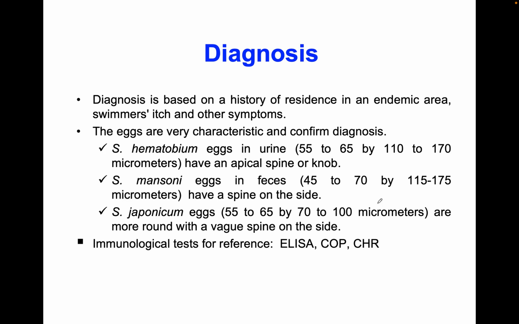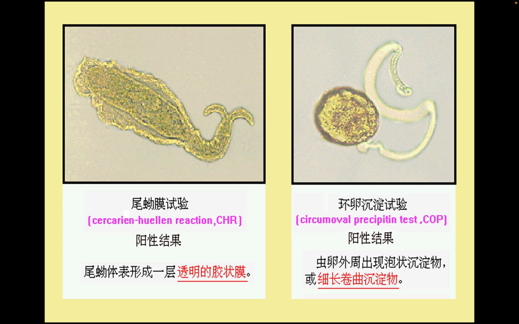And there are immunological tests for reference. For example, this is the CHR. Basically, you take some of the Schistosoma and put them on the slide, and then you take some of the patient's blood.